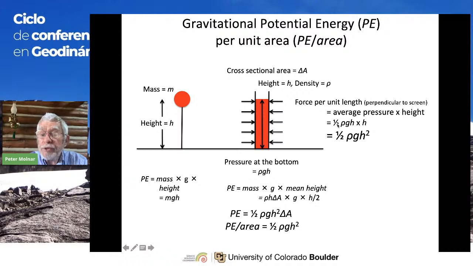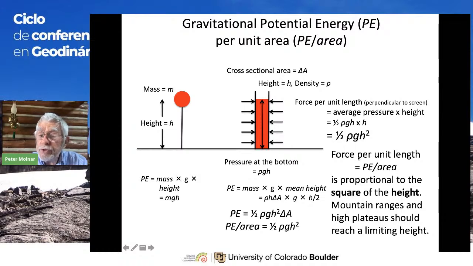Well, the average pressure is a half rho gh. The pressure at the bottom is rho gh, the pressure at the top is 0. So it's a half, and then times the height, h, it's a half rho gh squared. Per unit length, it's the same as the potential energy per unit area. They're the same in this case, again assuming we let the surface be the definition of 0 potential energy.